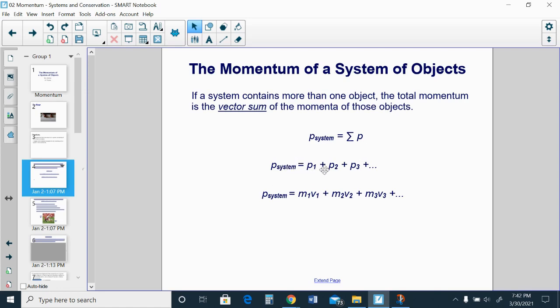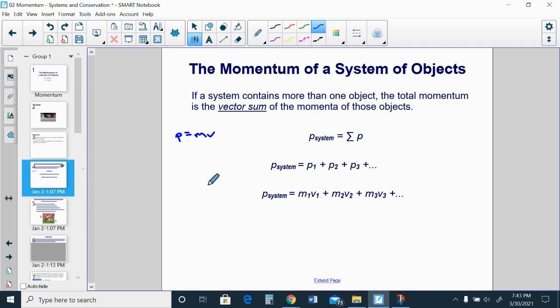So let's say we had 3 or more objects, you would have to write it out as, okay, the momentum of the system will be equal to the momentum of object 1 plus the momentum of object 2 plus the momentum of object 3, etc. Now we also remember that according to the equation from the last lesson, momentum is equal to the product of mass times velocity.